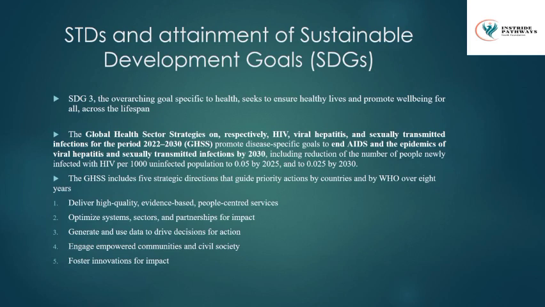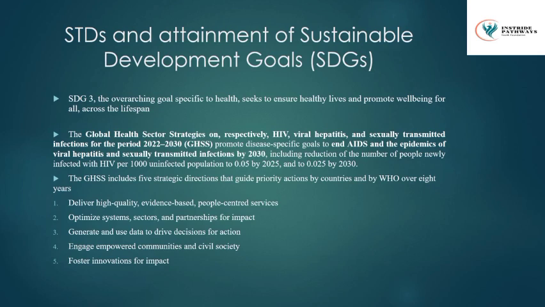Three, to generate and use data to drive decisions for action. There should be more data, more research, so that the data will drive decision making for attainment of this goal.